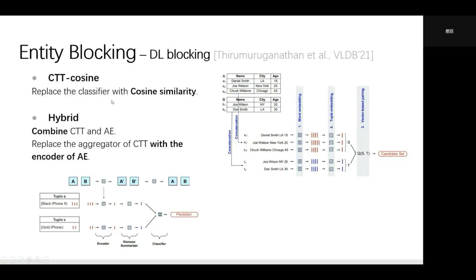The final model is the hybrid model, which combines the CTT and the autoencoder. First we train the autoencoder, and we replace the aggregator of CTT with the encoder of the AE.